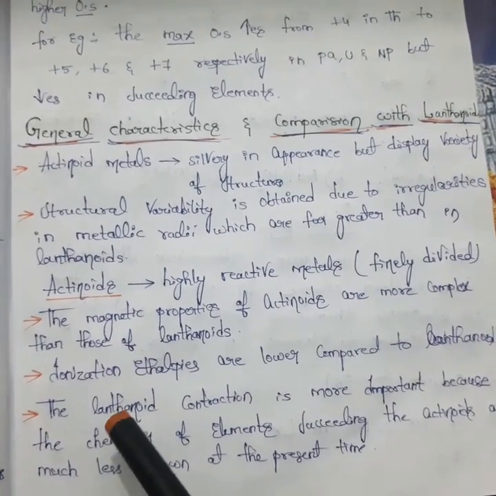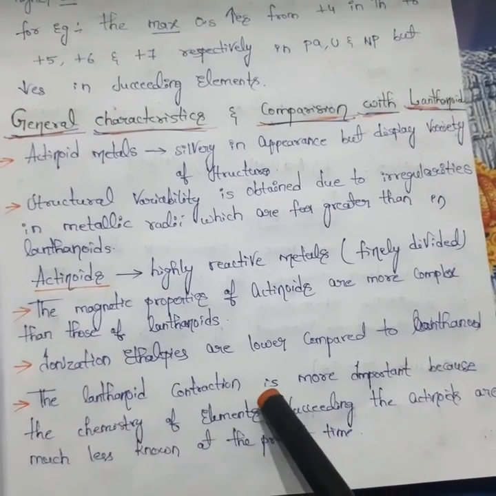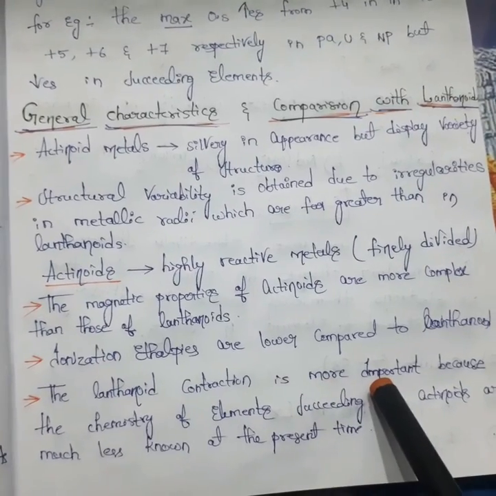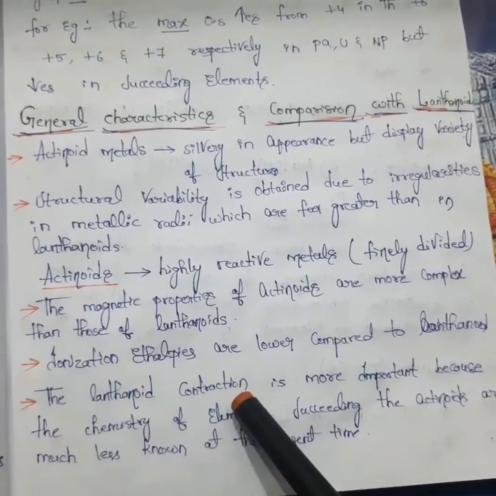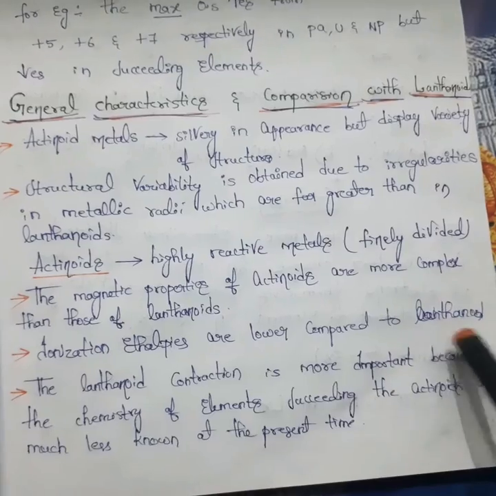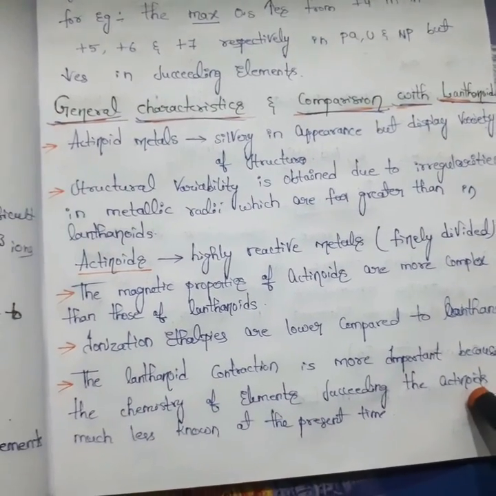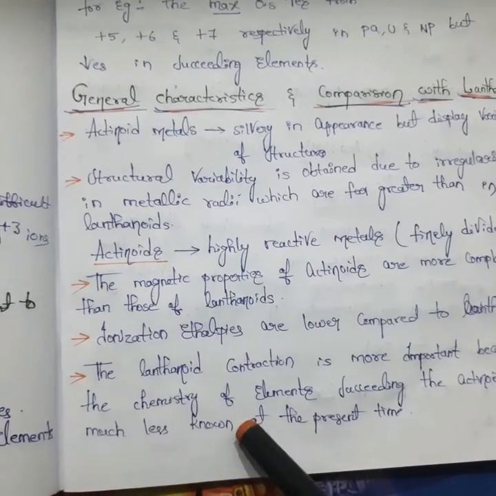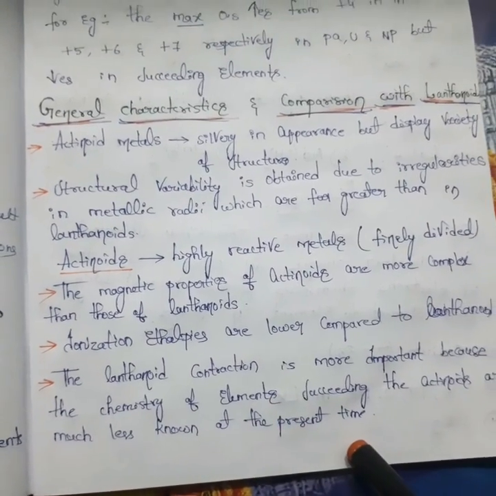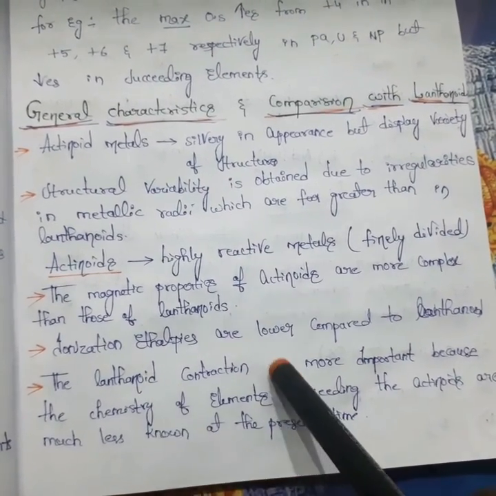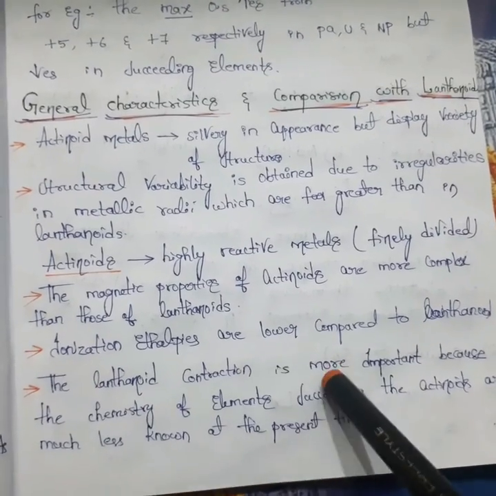Next, the lanthanoid contraction is more important, because the chemistry of elements succeeding the actinoids is much less known at the present time. Why do they say the lanthanoid contraction is more important?